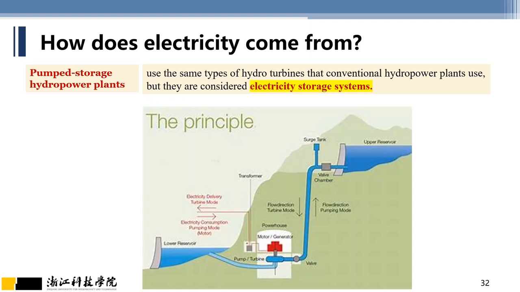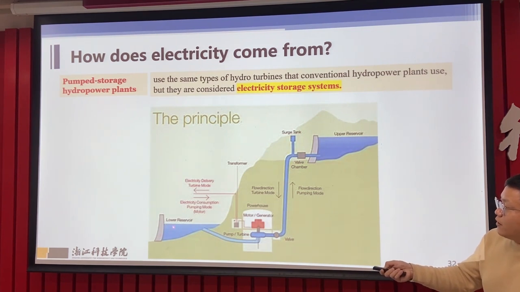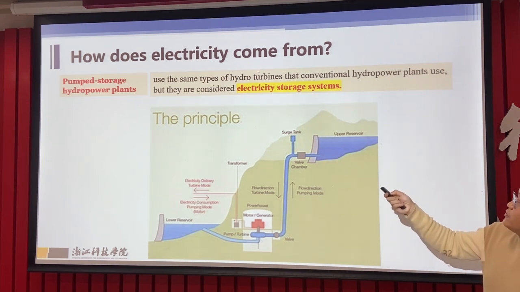Also, we have some storage systems. For example, pumped storage hydropower plants use the same types of hydro turbines that conventional hydropower plants use, but they are considered electricity generation systems. What does it mean? It means that when we don't need that much electricity in the mix, we can use electricity to pump the water from lower places to higher places, and this is electricity storage.